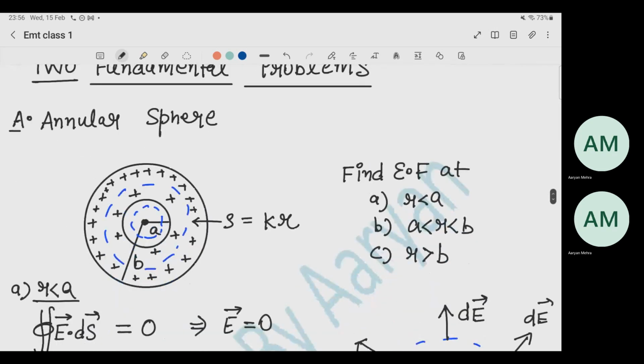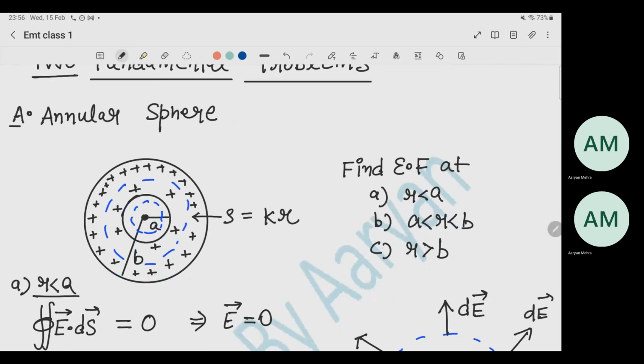What is an annular sphere? There is one inner sphere of radius a, and there is one outer sphere of radius b, and there is a charge in this. When I say sphere, you should assume it is a dielectric sphere, not a conducting sphere, but a dielectric sphere in which the charge can be stored.